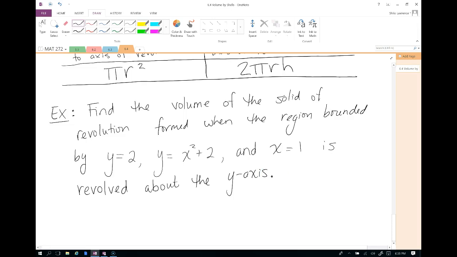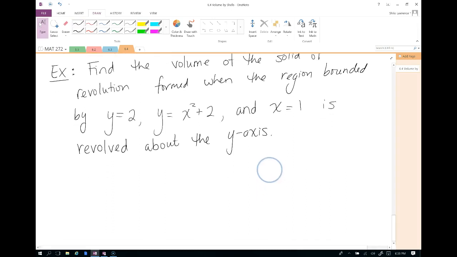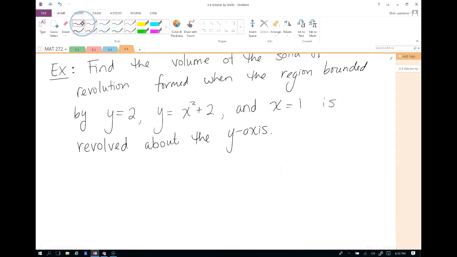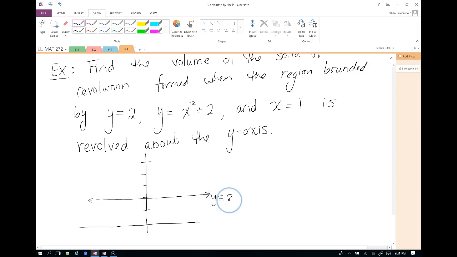So let's start with a picture of our region. Y equals 2 is just a horizontal line. X equals 1 is a vertical line. And then y equals x squared plus 2 is a parabola.